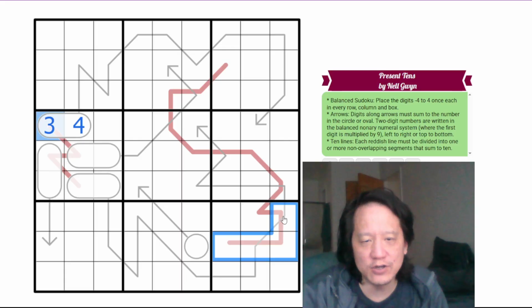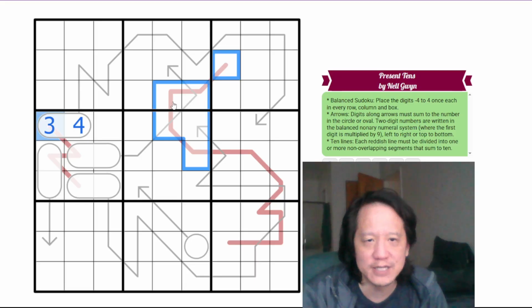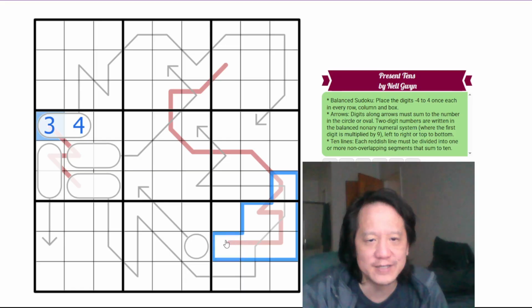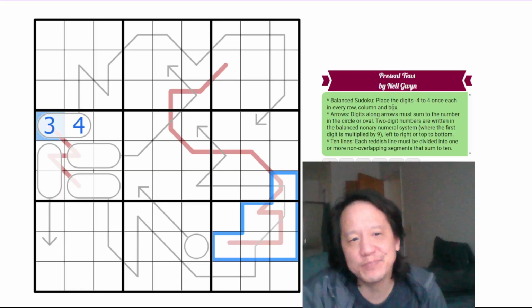So technically, you could have 5 digits here adding up to 10, 3 digits here adding up to 10, and then these 5 adding up to 10. And you cannot have overlap in the segments, and every part of the line must be part of a segment that does add up to 10. So keep that in mind.